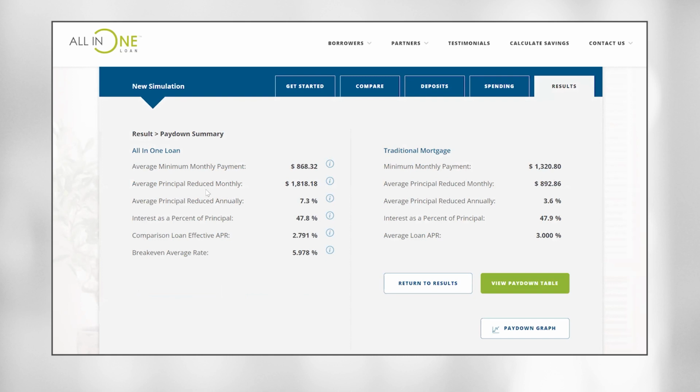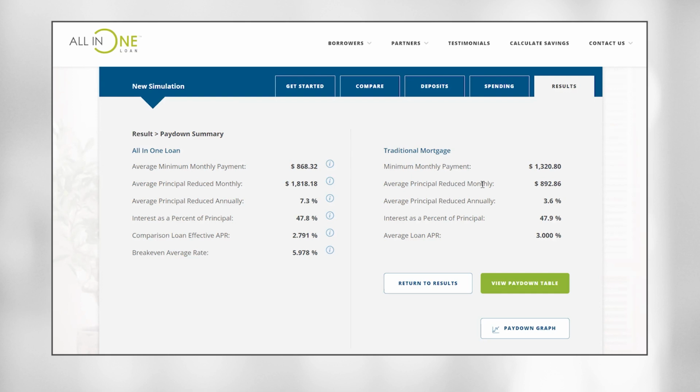The average principal reduced monthly for the all-in-one loan, you're going to be paying down an average of somewhere around $1,818.18. That's a funny number. I didn't realize that when I worked out this scenario. Versus average principal reduction monthly of $892.86.